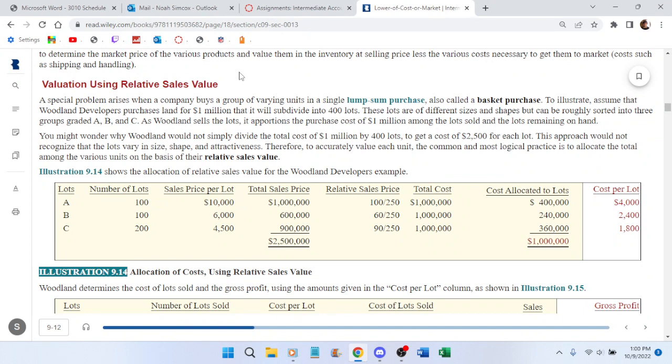The total cost is $1 million, so do 100 out of 250. Wait, what? There's a certain amount of lots. There's a total of. What on earth is this? No. What on earth is this?